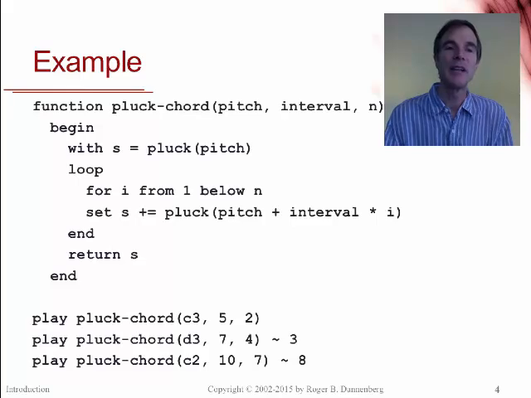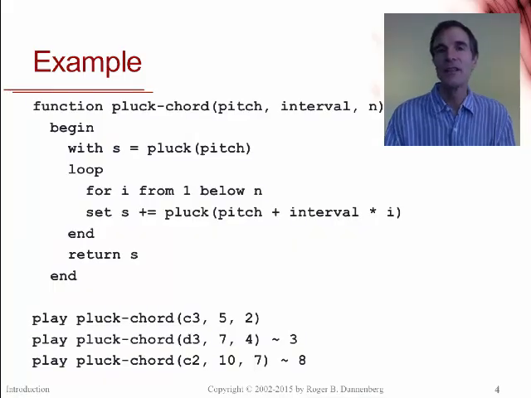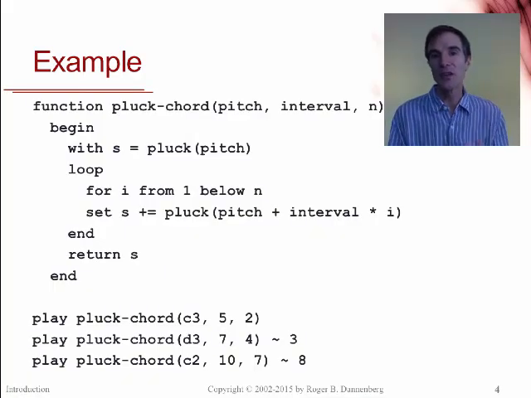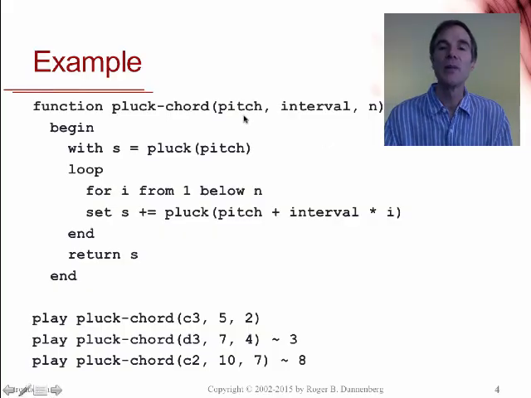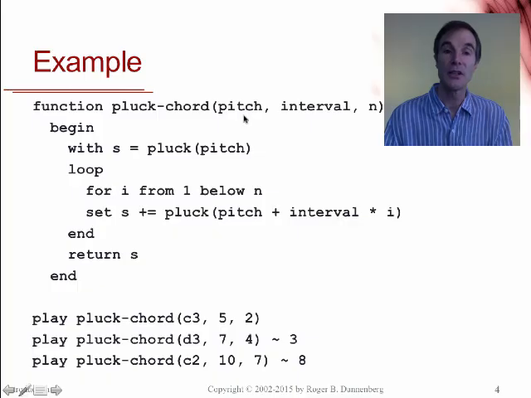We just simplified it to writing function. This is a function called pluck-chord. So it's going to construct a chord of plucked string sounds, and the parameters are the starting pitch, the interval between pitches, and the number of pitches to put into the chord.